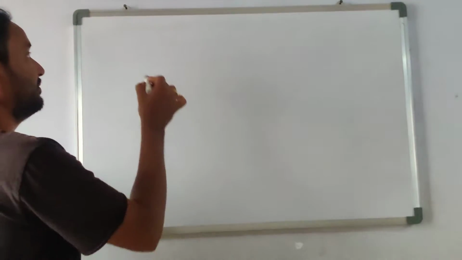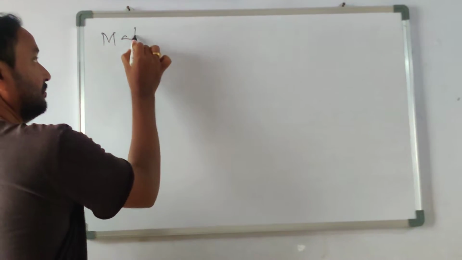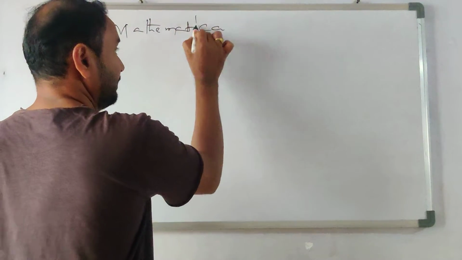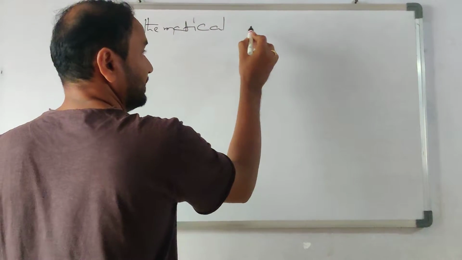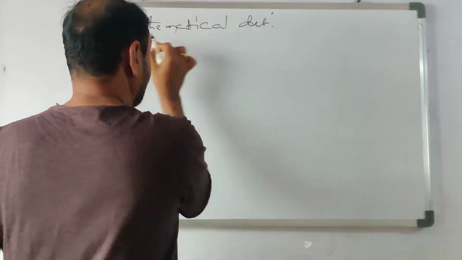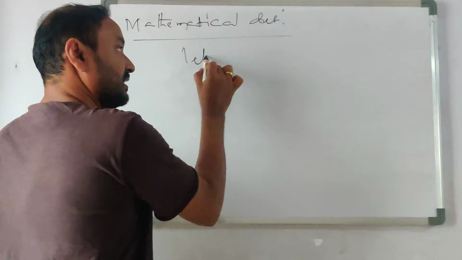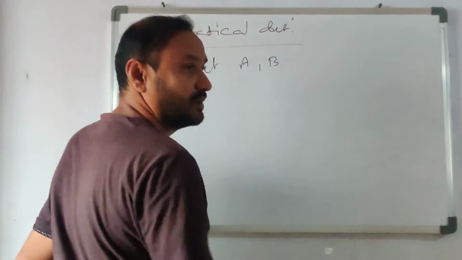Now the mathematical definition of the one-one function. First, let A, B be two non-empty sets.